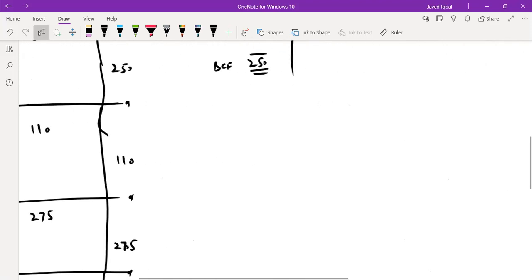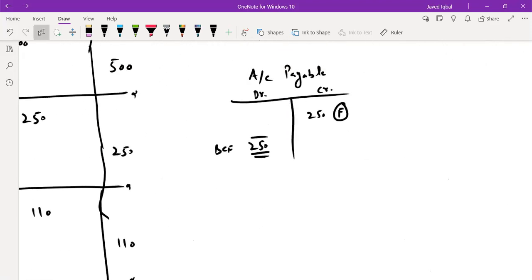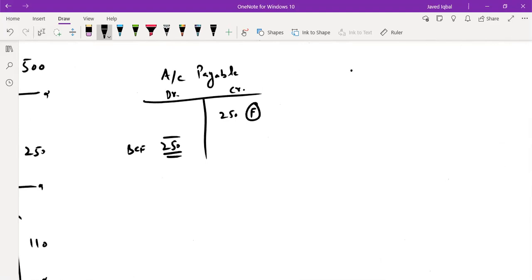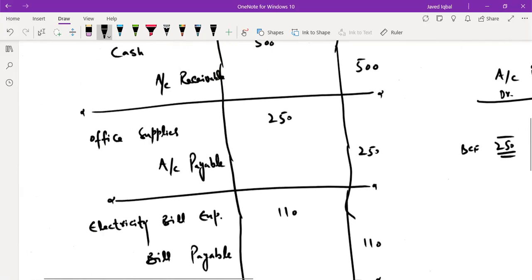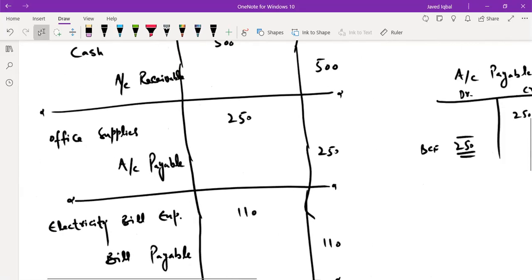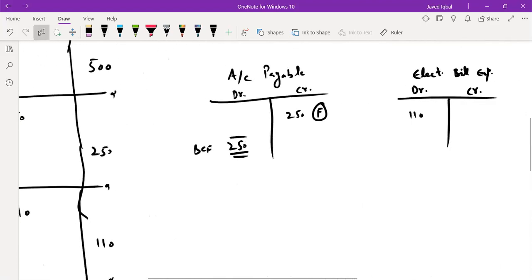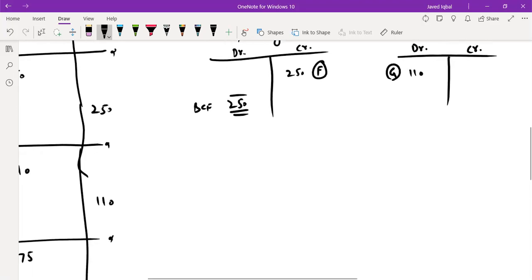So this is transaction G basically. So we'll create electricity expense, and expenses of 110 and transaction is G. So we will write G here and then we'll be creating bills payable account.